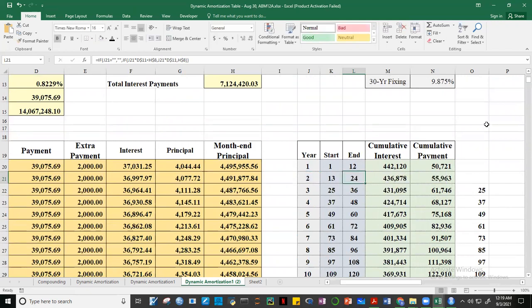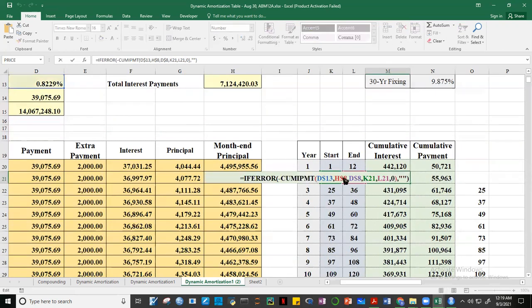Control enter. Yan 24. Okay, so dito naman maglalagay tayo dito ng ano. Ito yung previous formula natin, no? This is the previous formula yung sa month 1. Ang madadagdag lang to avoid any error, guys, lalagyan natin dito if error. Okay, if error, tapos value if true, yung cumulative interest payment natin, comma, value if false, give us nothing.